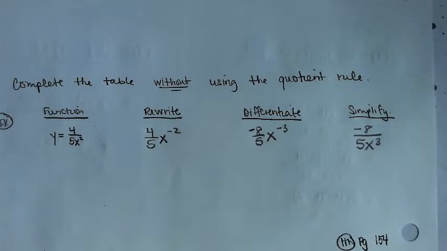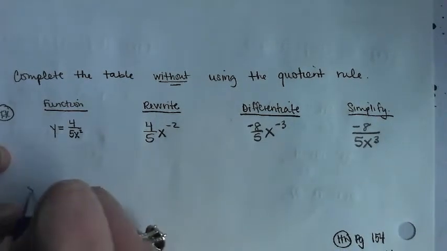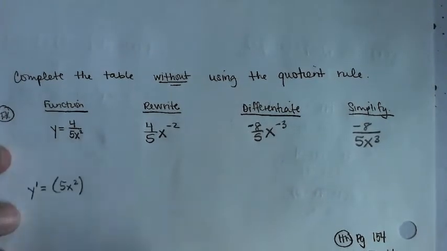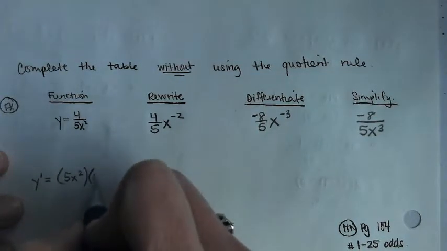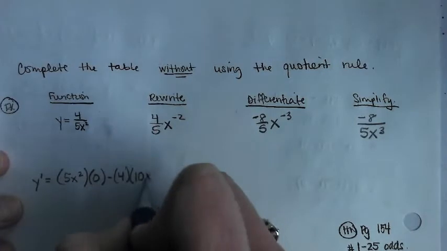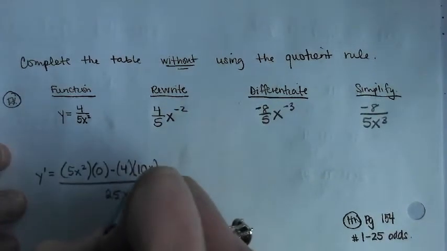And just really, I just want to show you that and how both methods would work. So if I were to do the quotient rule, I'd have the bottom times the derivative of the top. What's the derivative of the top? 0. Minus the top times the derivative of the bottom, 10x. All over bottom squared would be 25x to the 4th.